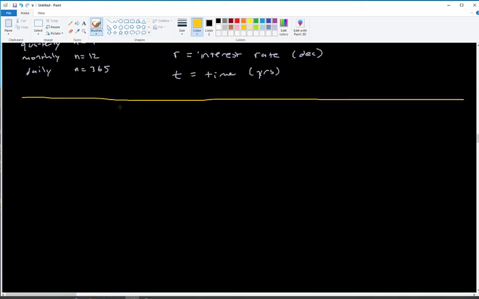So let's say that you invest $2,000 at a 5% interest rate for 6 years. And we want to know what's the amount in our account.